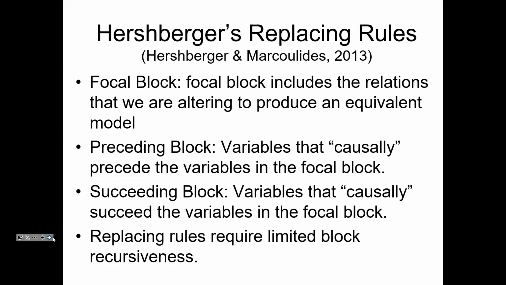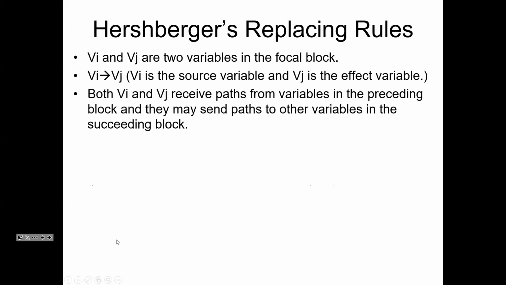This is not easy, I know, but imagine you've got two variables in the focal block. They both receive paths from the variables in the preceding block, and they may send paths to other variables in the succeeding block. Let's say that VI is predicting VJ.